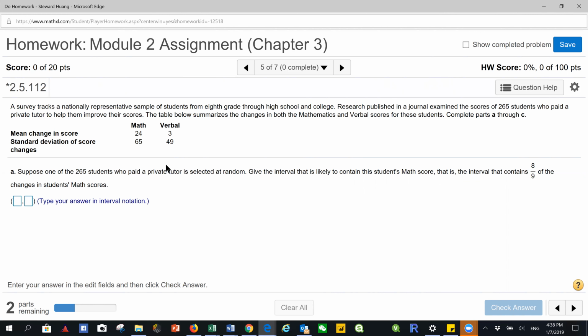Okay, and that's question A. And then question B, you do the same thing, only change x bar to 3 and s to 49. Plug into the same formula using the same k, you get the answer. That's Chebyshev. All right.